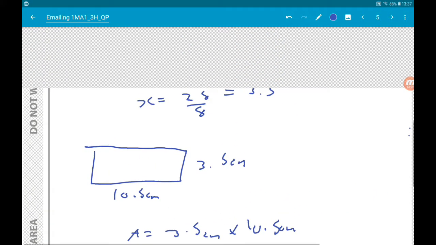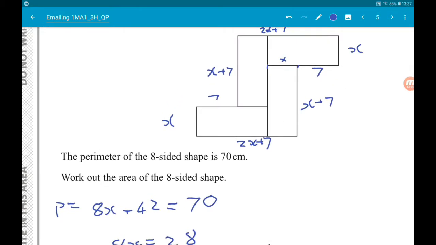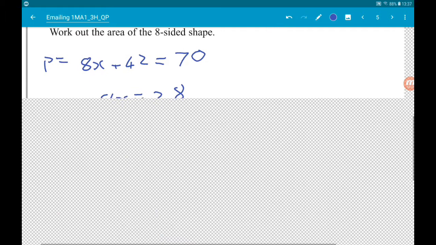Okay, so remember that we were asked to work out the area of the 8-sided shape. The 8-sided shape is made of 4 of these rectangles.